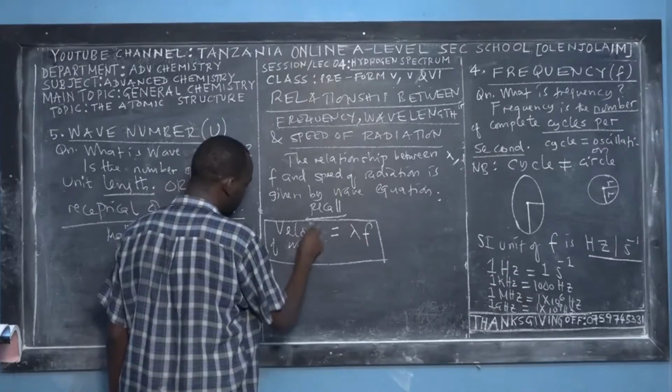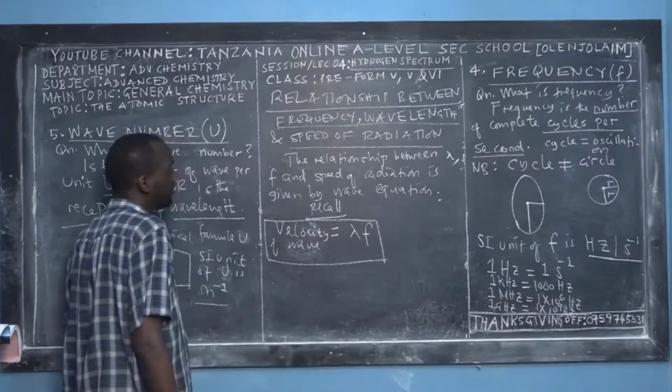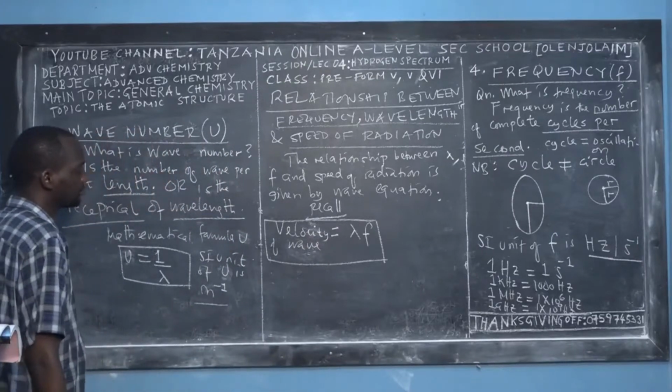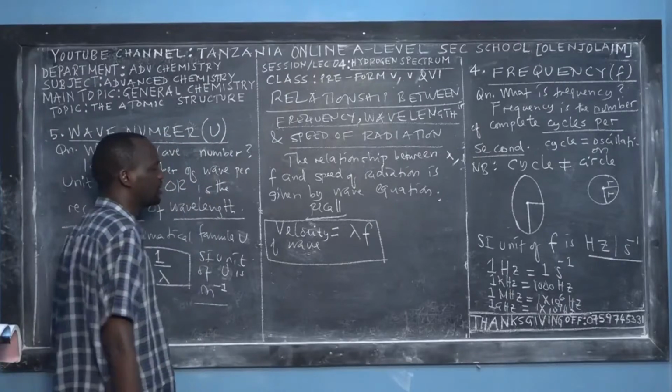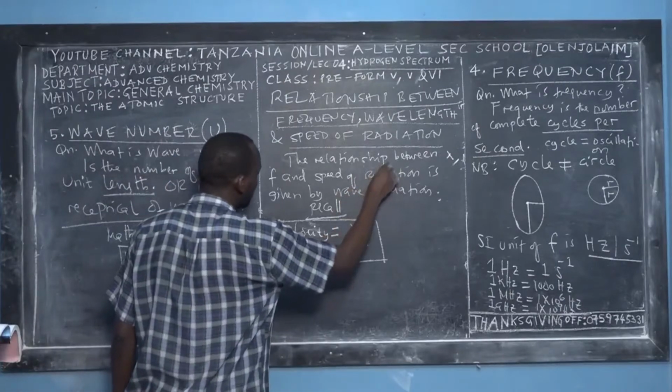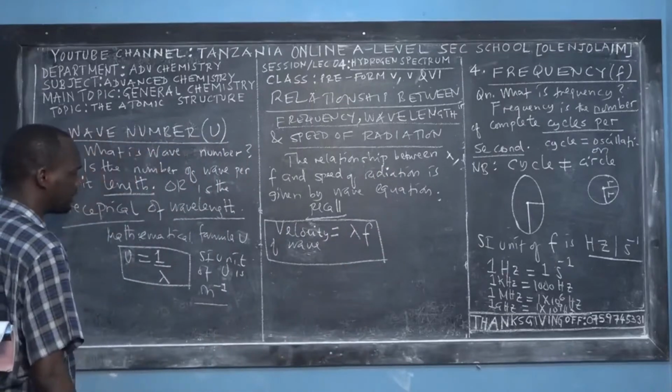So velocity. Okay? When you say radiations, you have two types of wave: electromagnetic waves and non-electromagnetic waves.